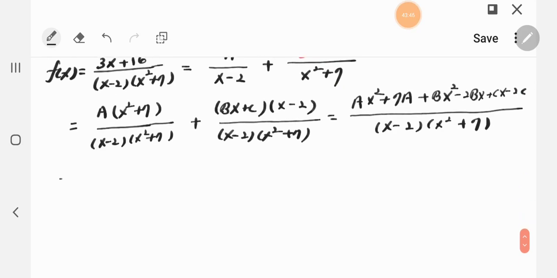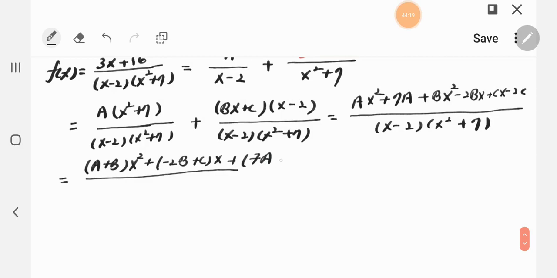Then combine the like terms. The coefficient of x squared is a plus b. The coefficient of x is negative 2b plus c. And the constants are 7a and minus 2c.